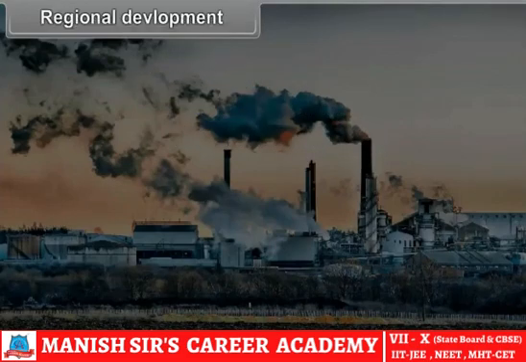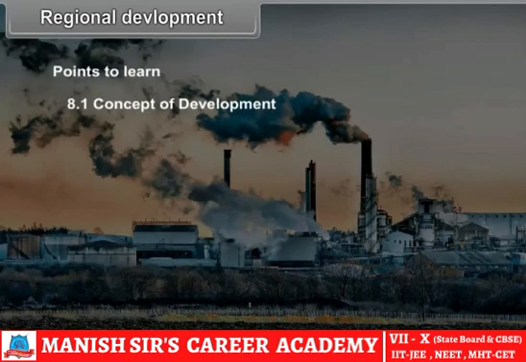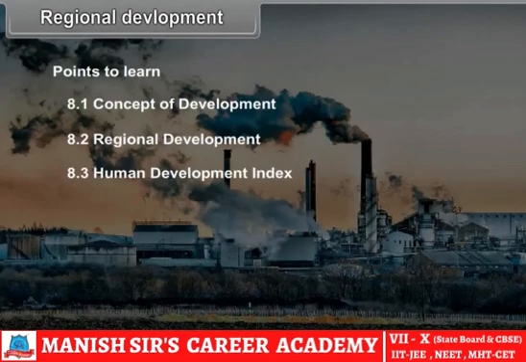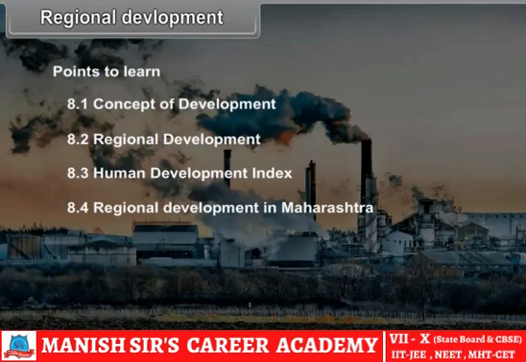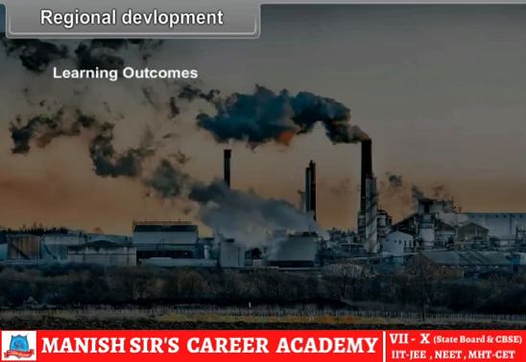Chapter 8, Regional Development. Points to learn. 8.1, Concept of Development. 8.2, Regional Development. 8.3, Human Development Index. 8.4, Regional Development in Maharashtra. Learning outcomes.